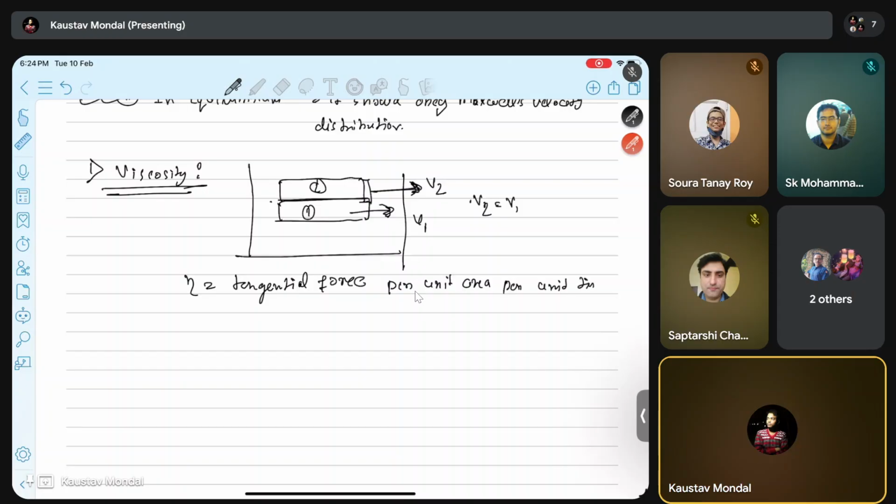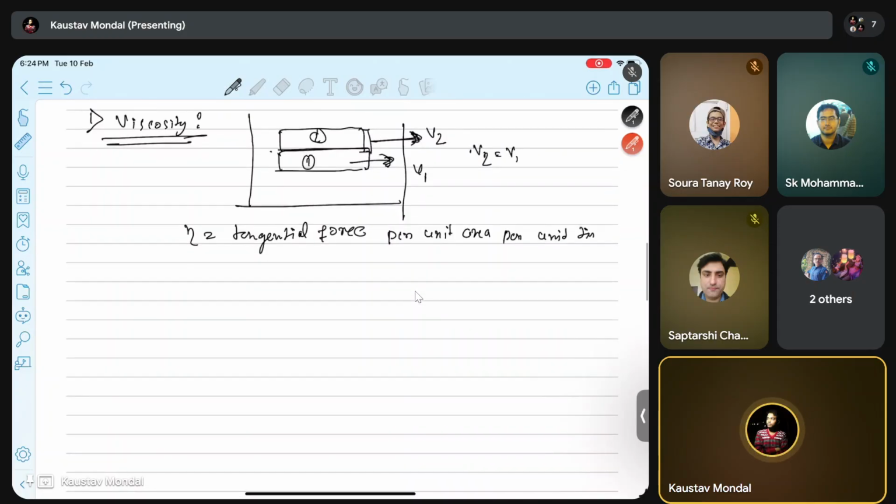The force working between these two gas layers is given by the formula F = -eta dA du/dz. This du/dz is the velocity gradient.